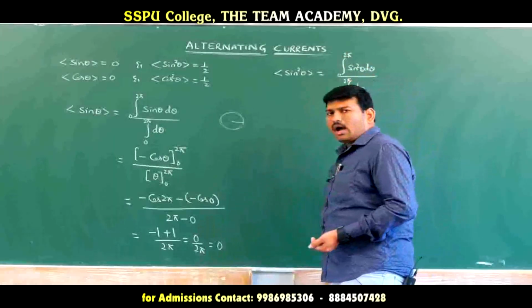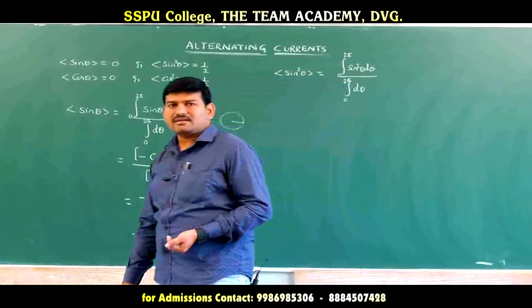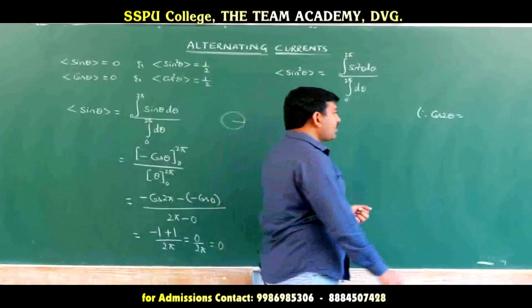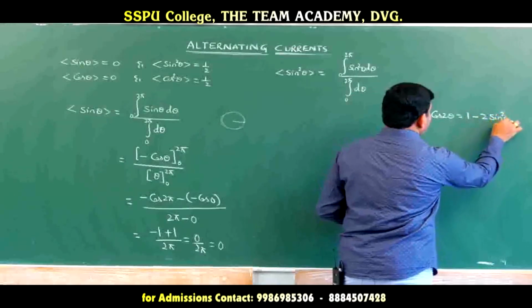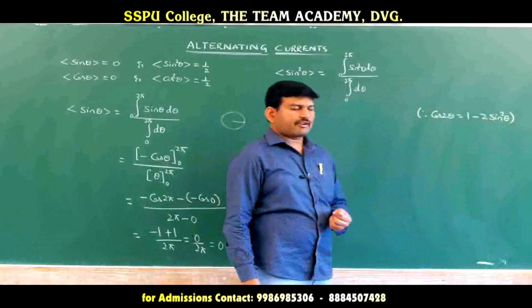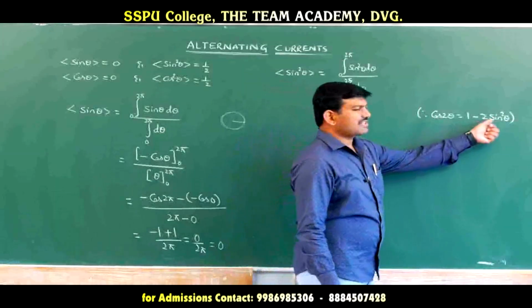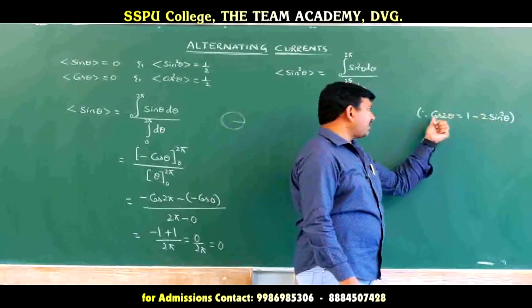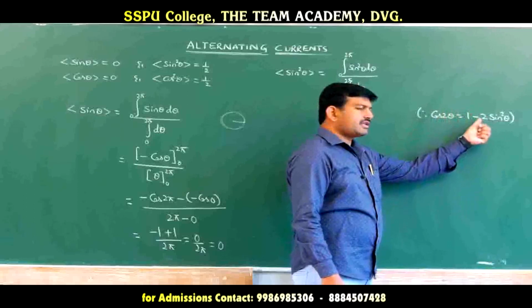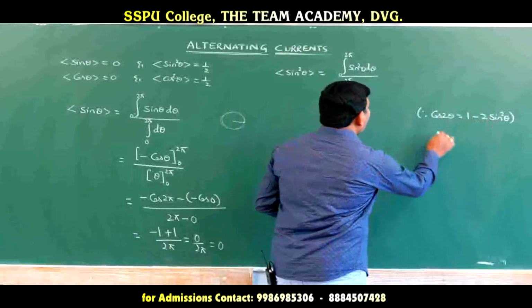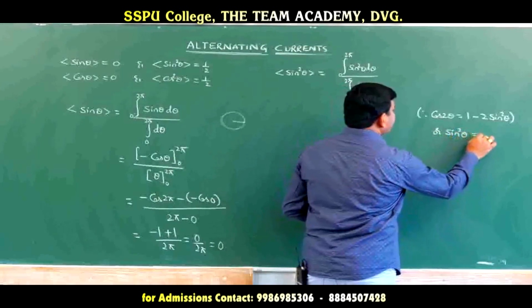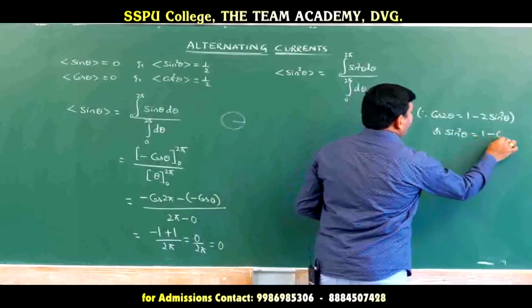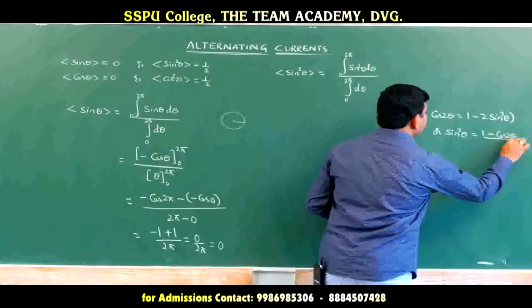Now how to write sine square theta in terms of cos? We have cos 2 theta equal to 1 minus 2 sine square theta. Yes or no? From this, bring 2 sine square theta to this side. Then 1 minus cos 2 theta is equal to 2 sine square theta, or sine square theta can be written as 1 minus cos 2 theta divided by 2.